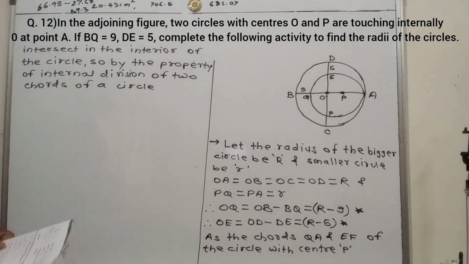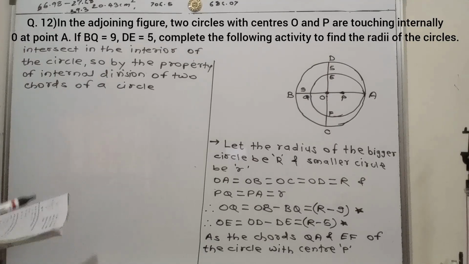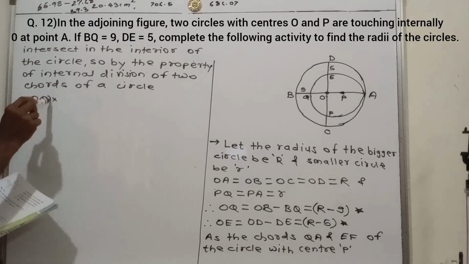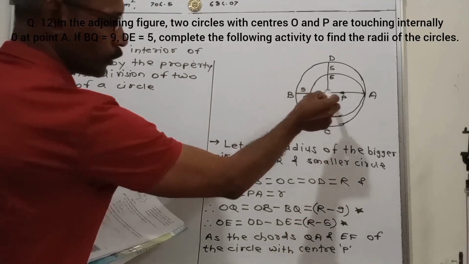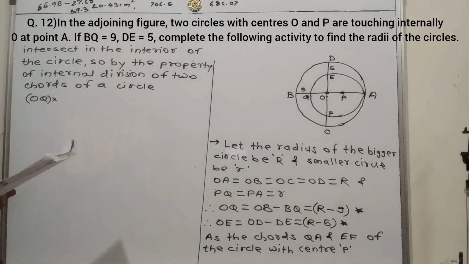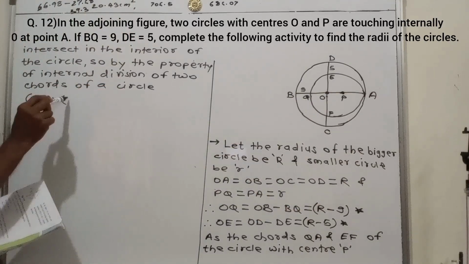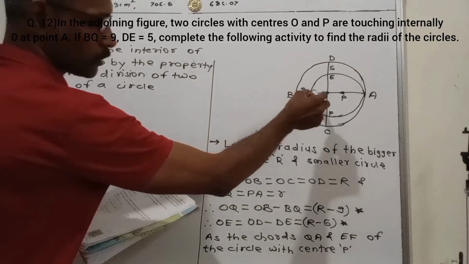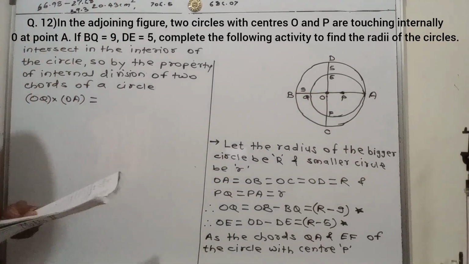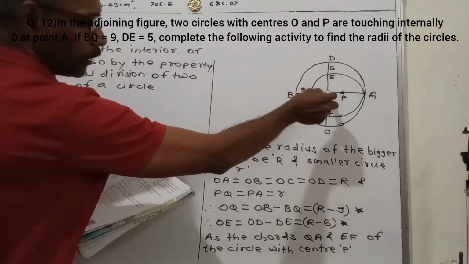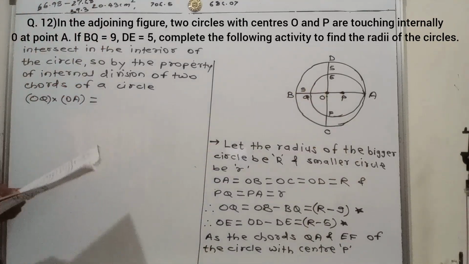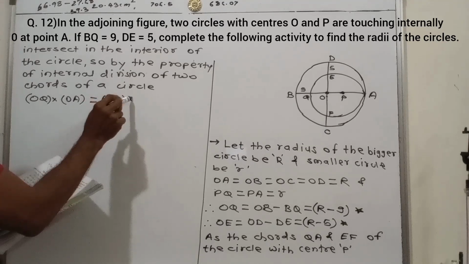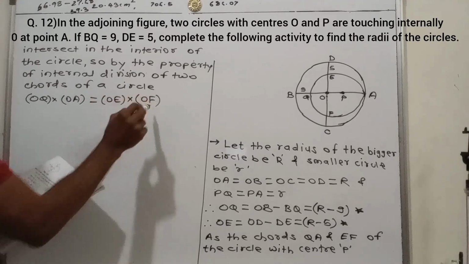Then we use our property. Which is that property? OQ into OA is equal to OE into OF.